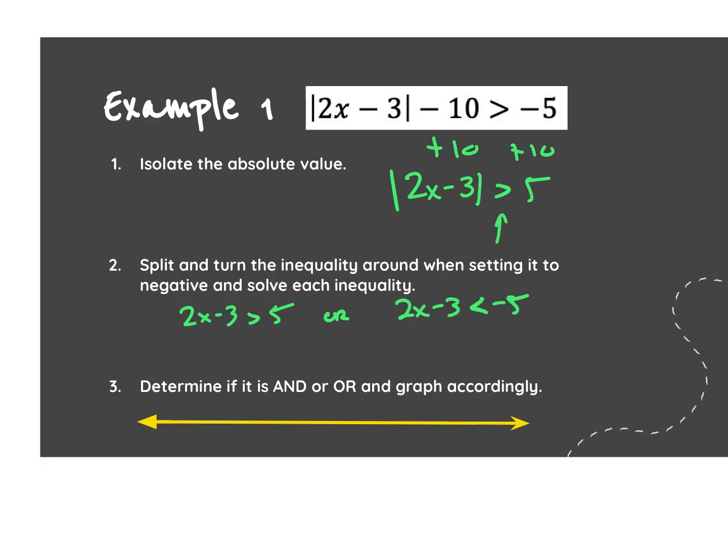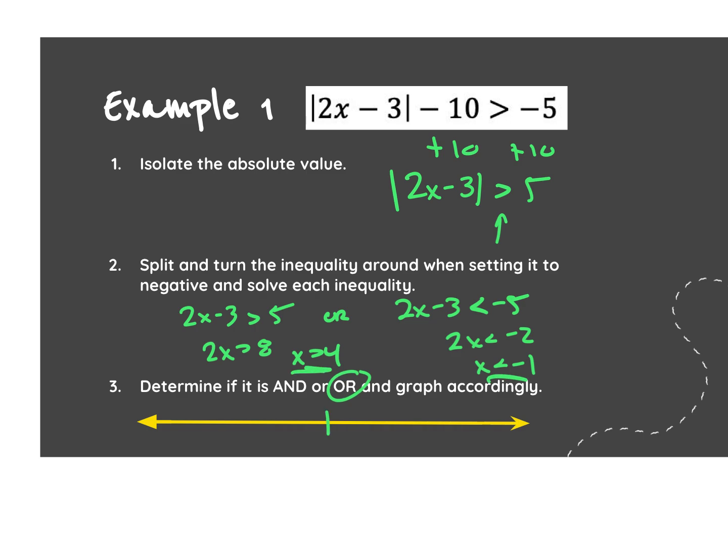So then I solve. So 2x greater than 8, x greater than 4. Over here, 2x less than negative 2, x less than negative 1. So it's going to be an or. So I'm going to have these two, and that's going to be my compound.